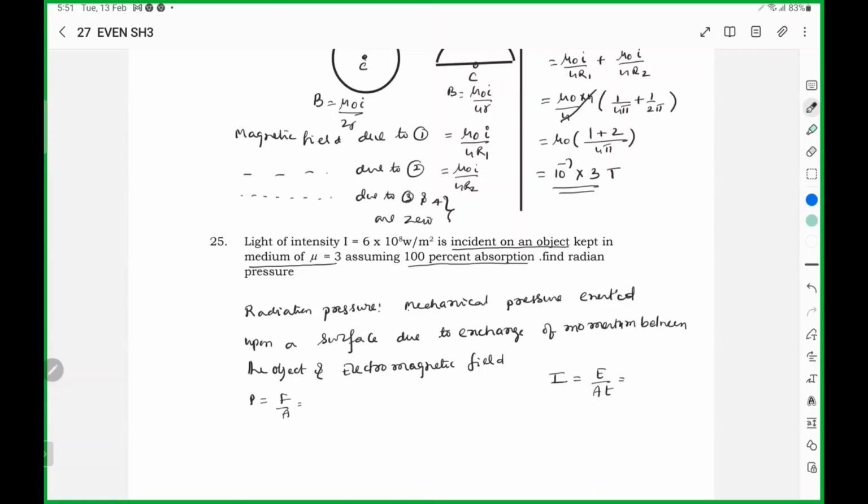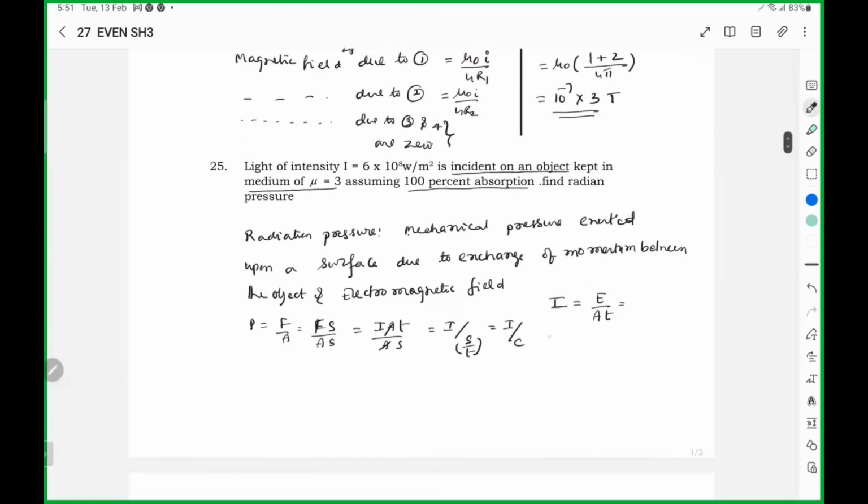This I can write as energy by A t, which is pressure times S by t. Here S by t is the velocity of the electromagnetic wave. This is in air.